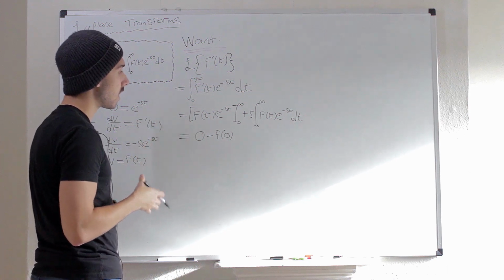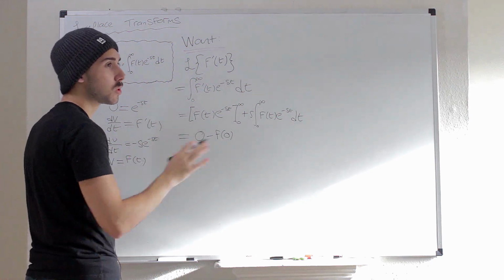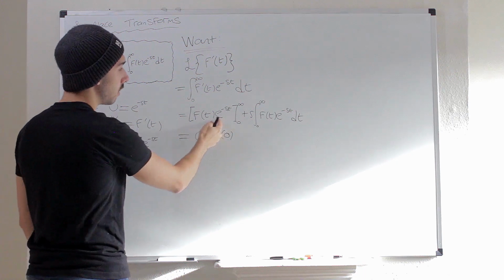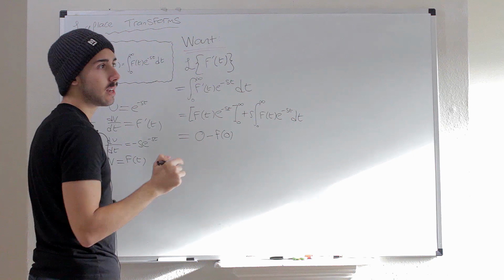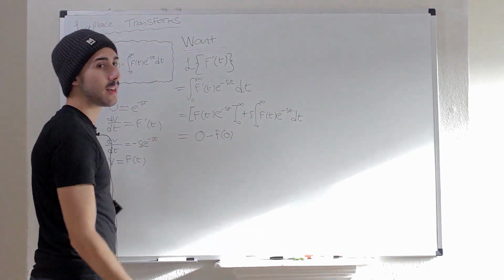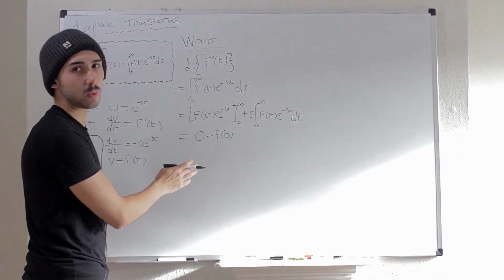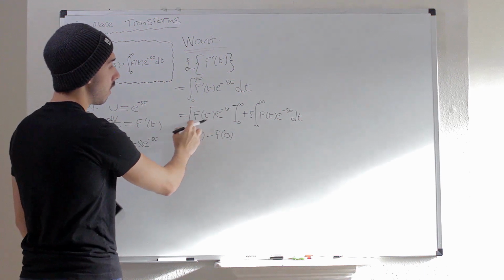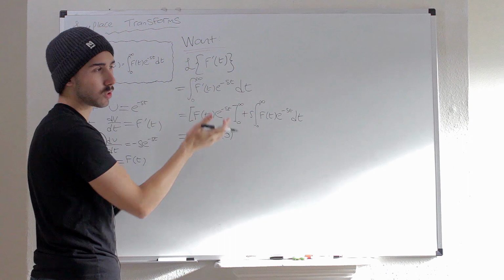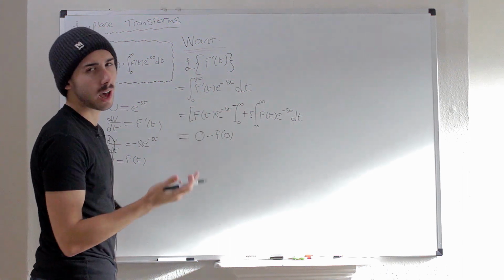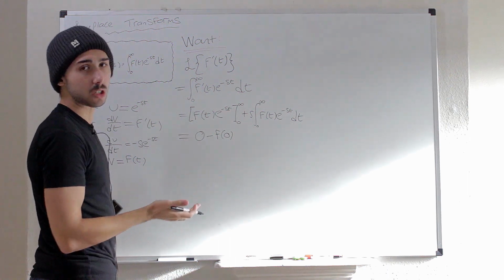Which basically means it can't be a function that will go to infinity faster than this one decays. For example, if f of t was something like e to the power of t squared, then this would not be 0, because that would grow much faster than that one. That's actually why e to the power of t squared doesn't have a Laplace transform, because this doesn't work.